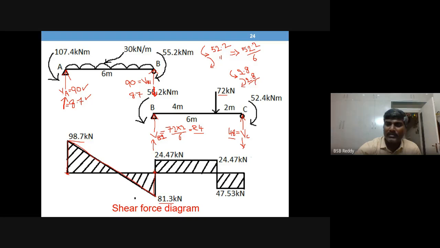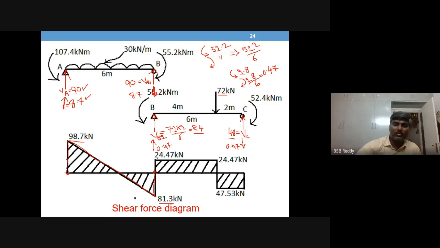Moment divided by the span, 2.8 by 6, which is 0.47. 0.47 kilonewton is the force value. So this is 0.47, and this is also 0.47.